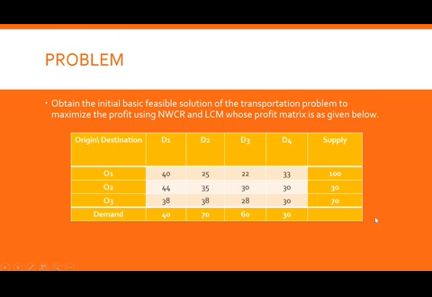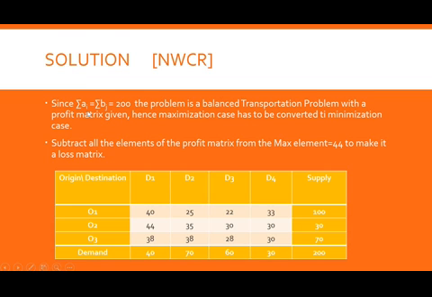So since summation ai equals summation bj equals 200, the problem is a balanced transportation problem with profit matrix given. Hence, maximization case has to be converted to minimization case. Subtract all elements of the profit matrix from the max element 44 to make it a loss matrix.